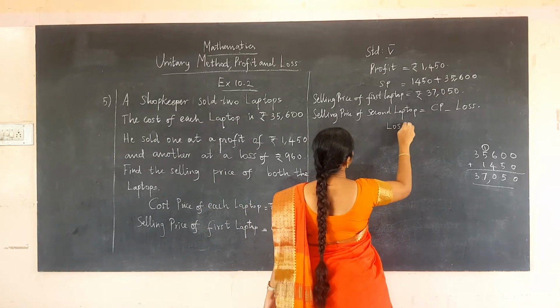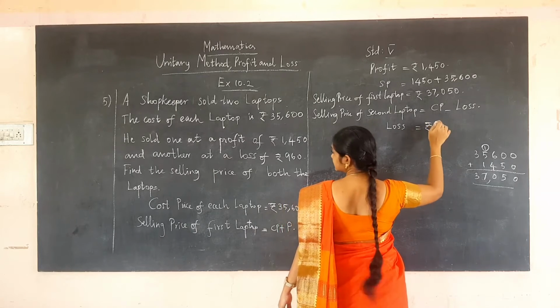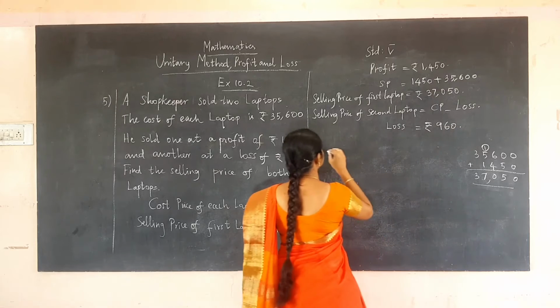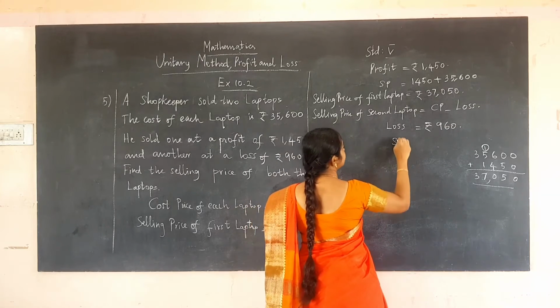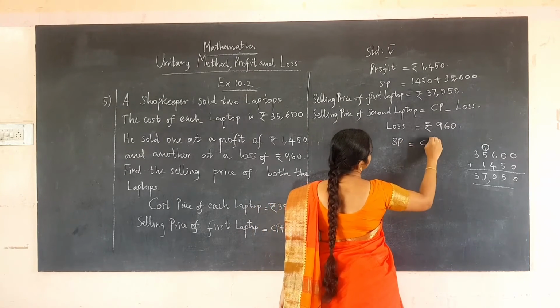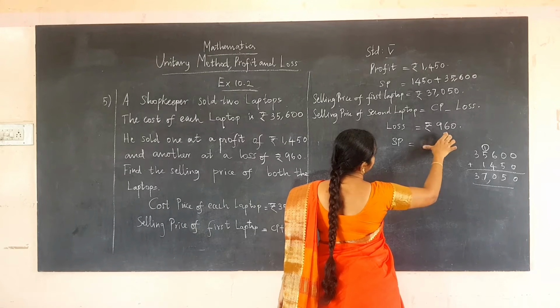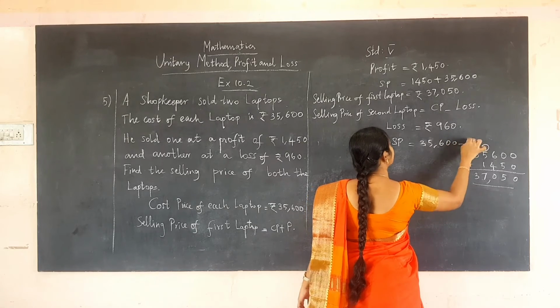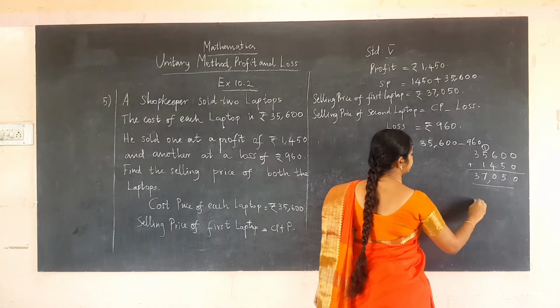Loss is given as rupees 960. So selling price equals 35,600 minus 960.